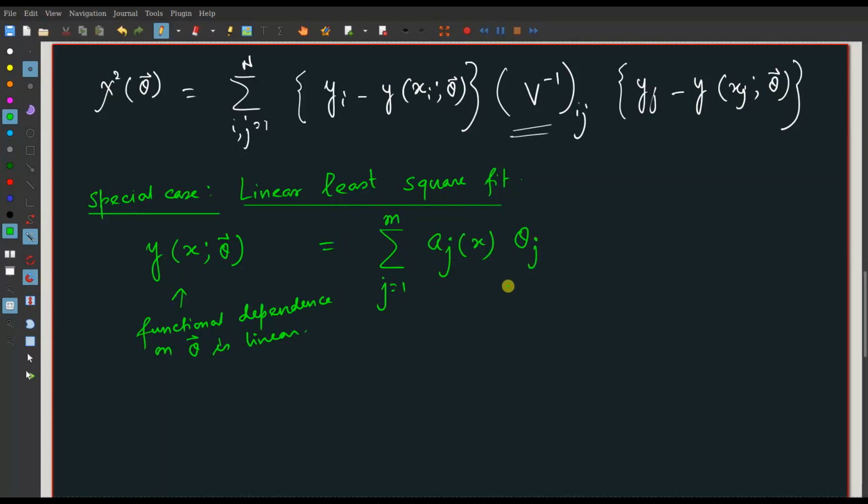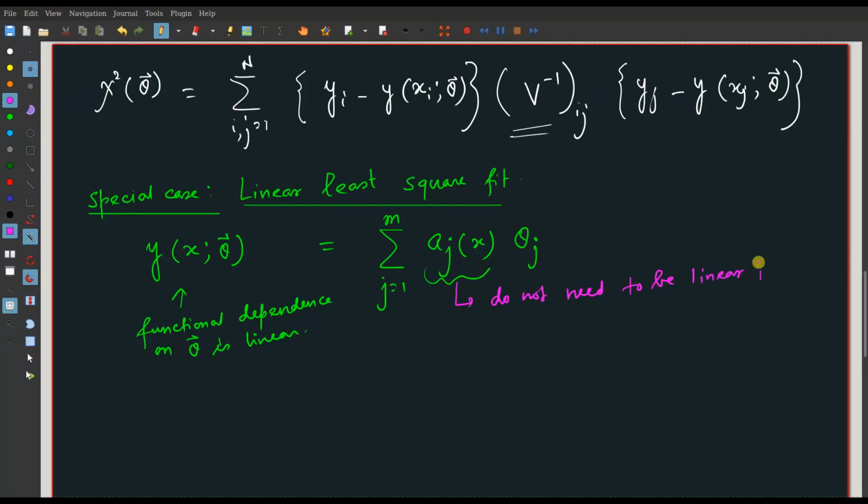Okay. So notice a very important thing here. It depends linearly on theta_i, but the theta_i's are the coefficients, and the things that the theta_i's are multiplied with do not need to be linear in x.